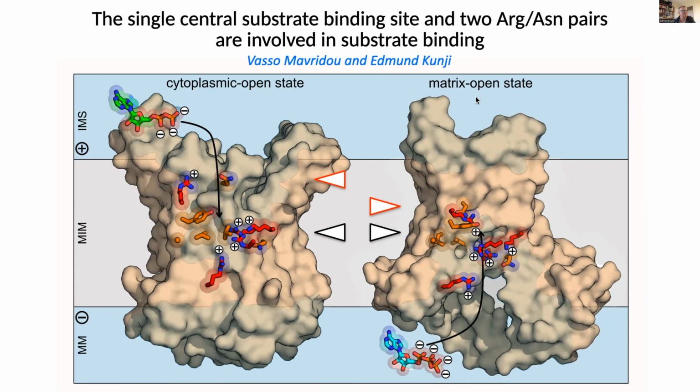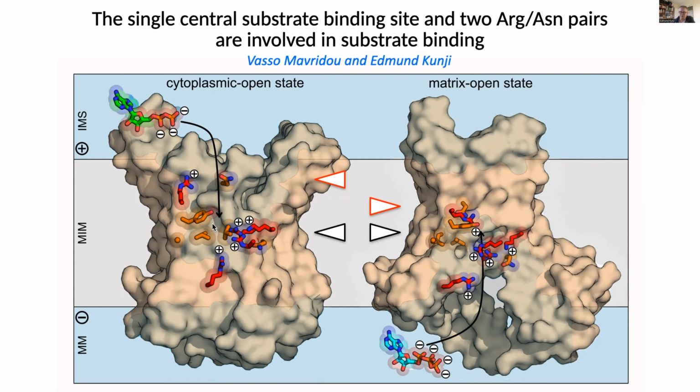And in the matrix open state, they become part of the substrate binding site. Conversely, in the matrix open state, the other arginine-asparagine pair points towards the opening of the cavity, while in the cytoplasmic state, they become part of the binding site. So in this kind of manner, we think that they're involved in guiding the substrate in and out of the binding site. And so they have a slightly different role.